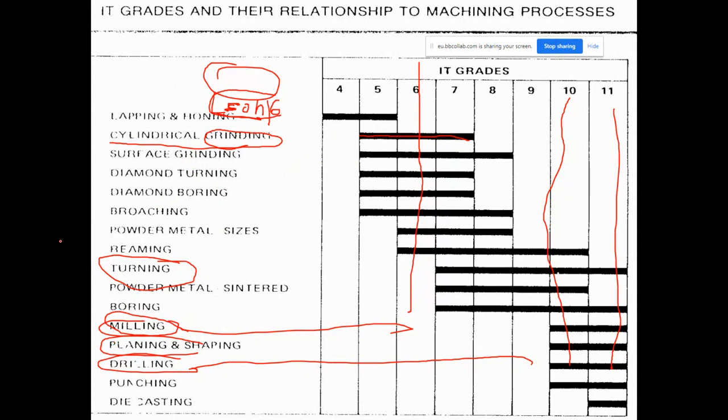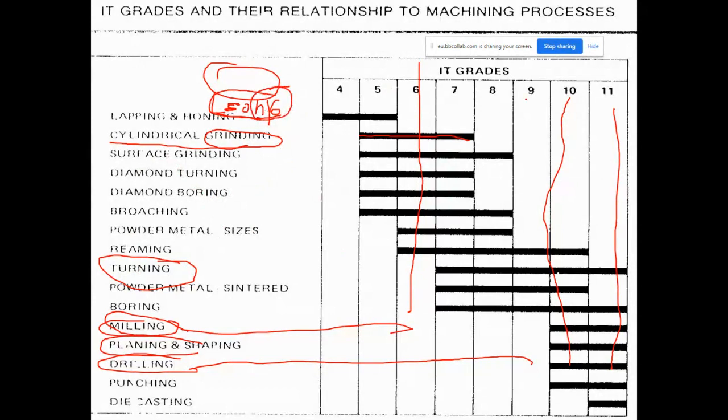Which process is to be applied as the finishing process for which feature? Well, to answer the question, first you should know which process is the correct process to apply, and you must also consider the tolerance grade.